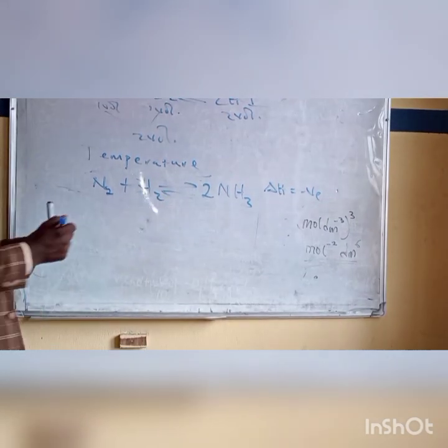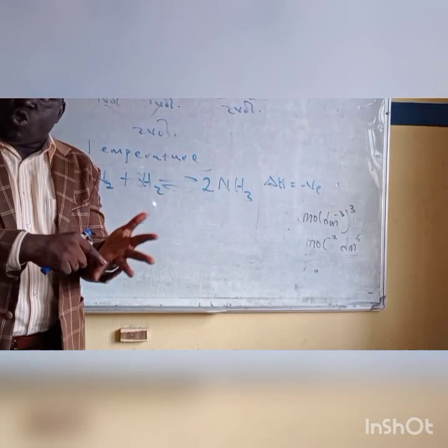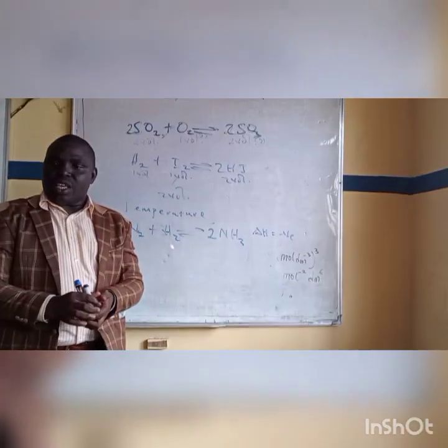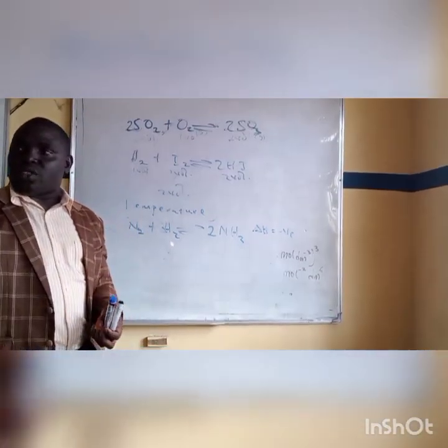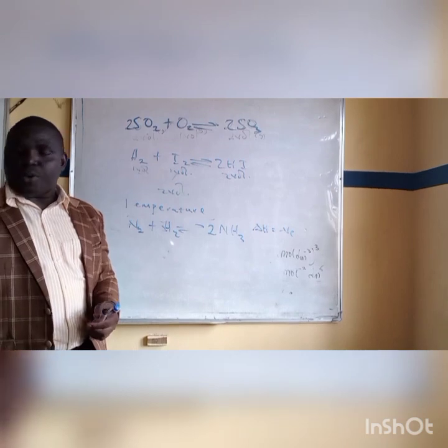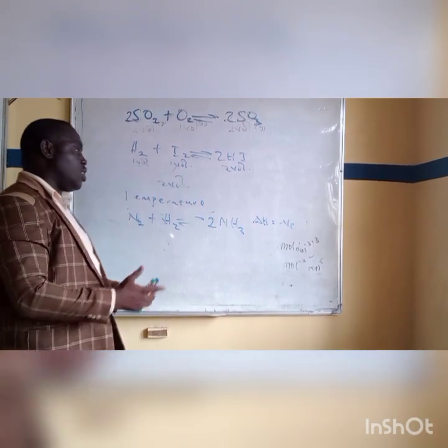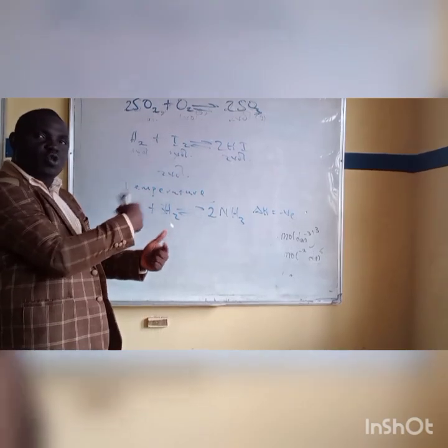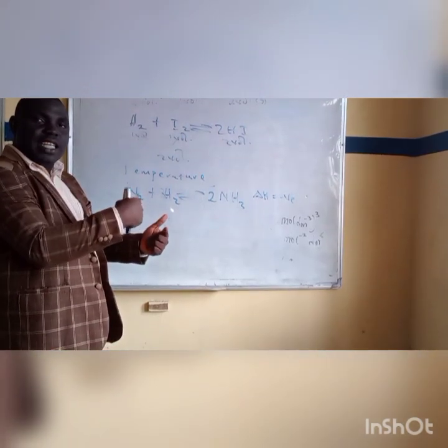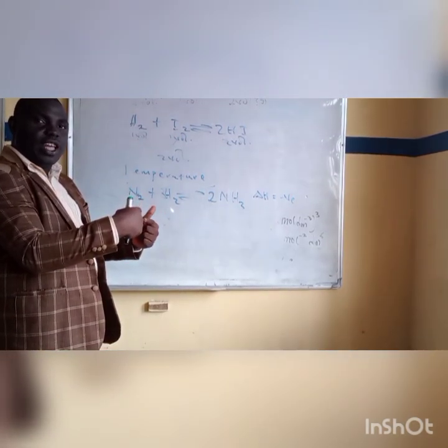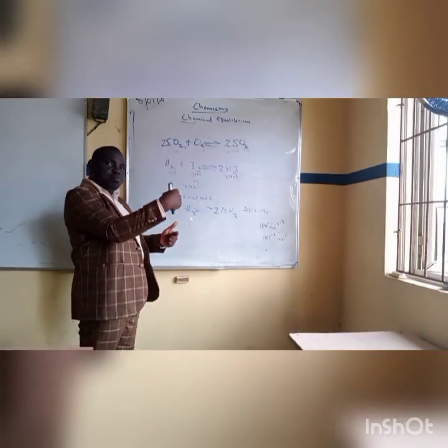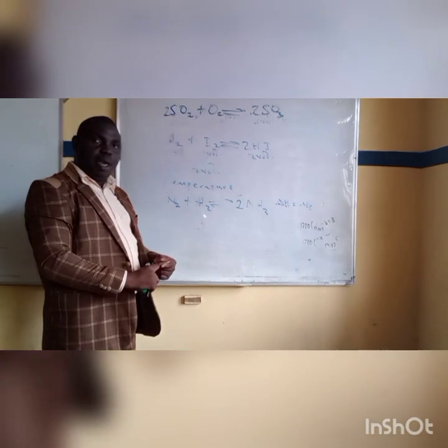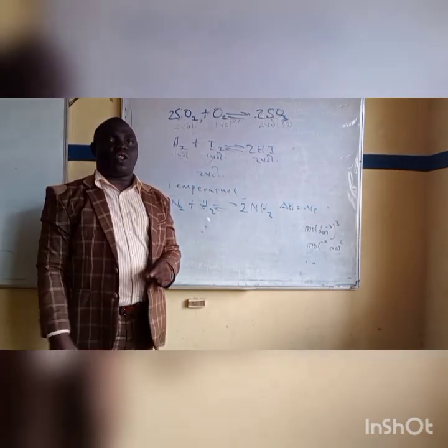If you increase temperature for an exothermic reaction, remember the system is losing heat, and here you are increasing temperature. What happens? It means that the system is going to go backward. For an exothermic reaction, please don't forget this, students, the system will go backward. But if you decrease temperature for an exothermic reaction, the system goes forward.